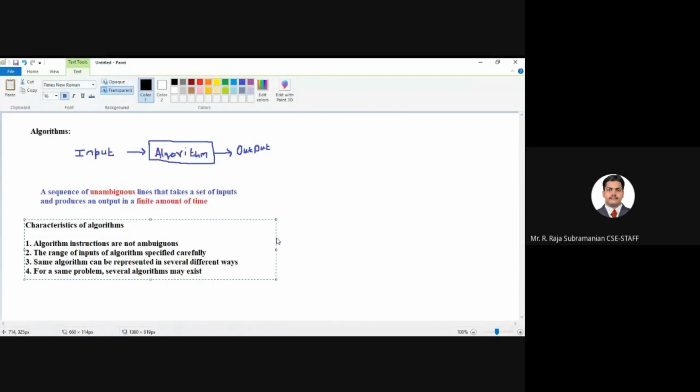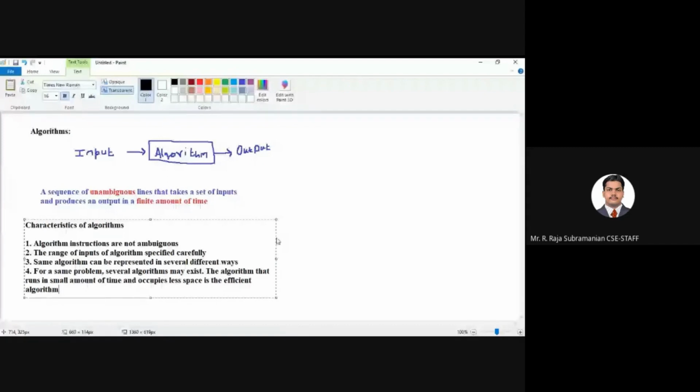The algorithm that runs in a small amount of time is the efficient algorithm. Not only time, small amount of time, and occupies less space is the efficient algorithm, right?